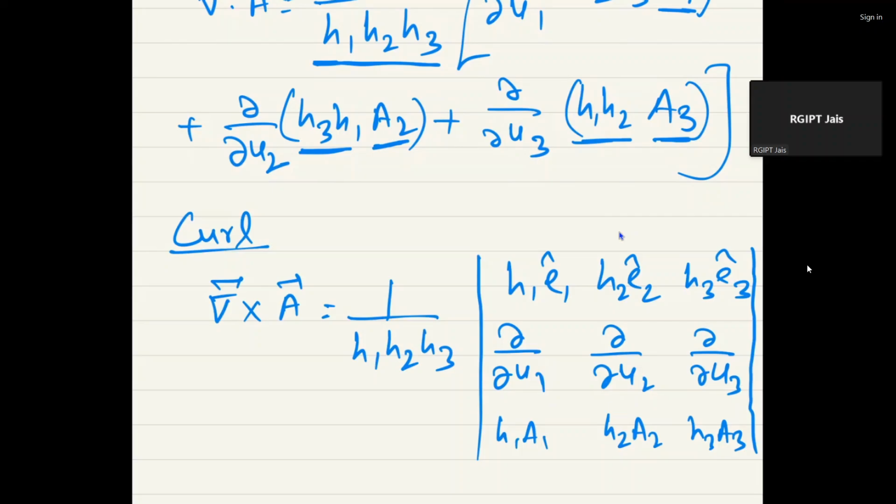For your convenience, I can write down these formulas once again, the basic formulas for the infinitesimal displacement and the unit vectors, so that you can recap.